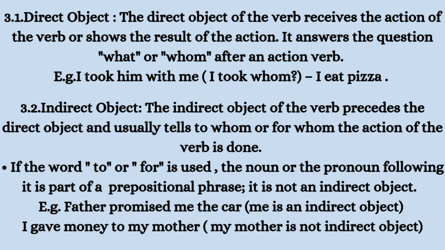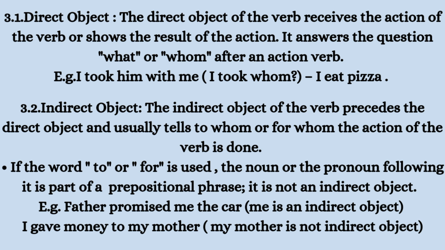It's not an indirect object. For example, Father promised me the car. الأب وعدني بالسيارة. راح نسقسوا سؤال الأب لمن وعد بالسيارة؟ شكون؟ وعدني me. So me it's an indirect object.